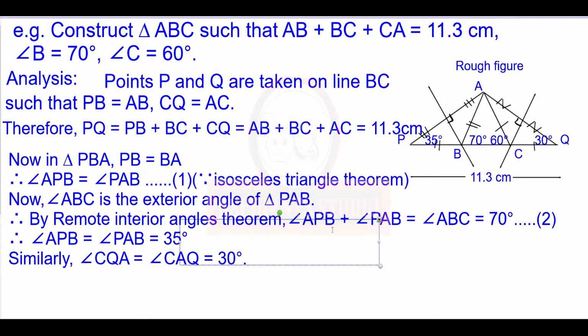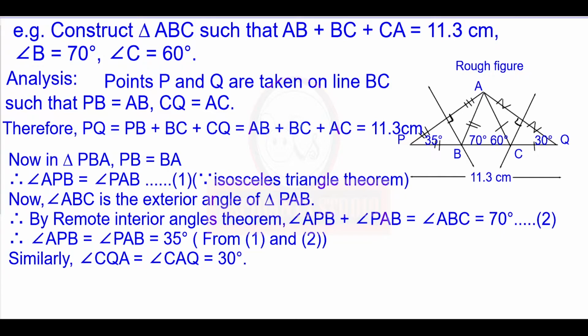Now, in triangle PAB, one of the exterior angles is angle ABC. So, we can apply the remote interior angles theorem. Measure of the exterior angle will be equal to sum of the measures of the two remote interior angles. Remote interior angles are angle APB and angle PAB.